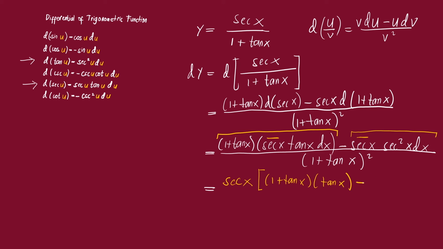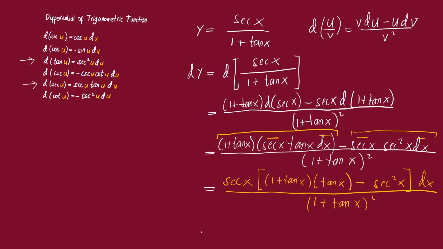So this will be minus secant squared x. I'll put dx here. So I factored out secant x from the first, and I factored out dx also, since dx is common. This is over, just copy the denominator, tangent x squared.